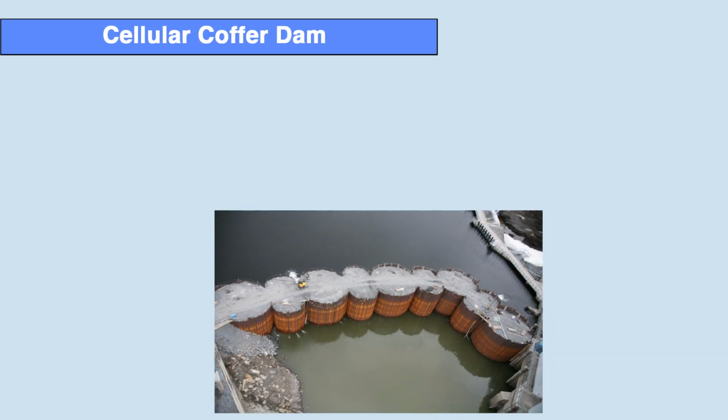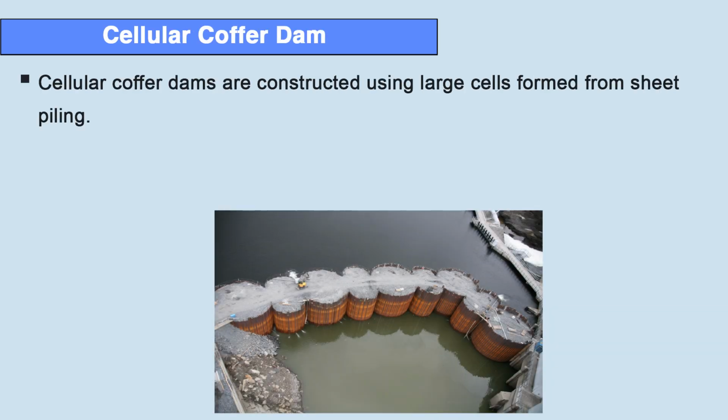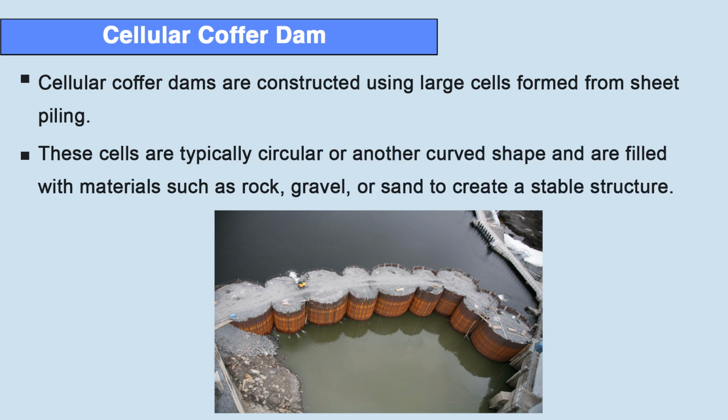Cellular coffer dam. Cellular coffer dams are constructed using large cells formed from sheet piling. These cells are typically circular or another curved shape and are filled with materials such as rock, gravel or sand to create a stable structure.